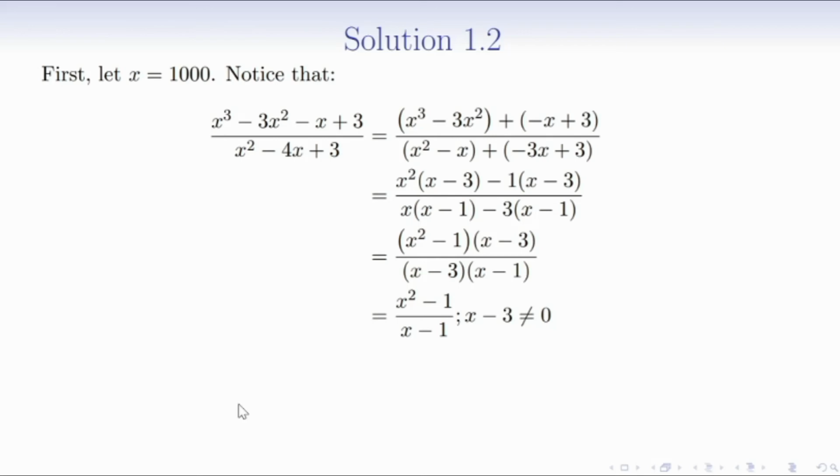Then we can divide x minus 3, and we'll be left with x squared minus 1 divided by x minus 1. Then, we can factor x squared minus 1 as x minus 1 and x plus 1 because it's a difference of 2 squares. And like earlier, we can divide x minus 1 because x minus 1 is not equal to 0.